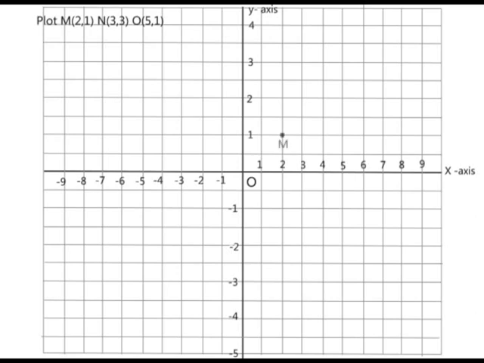So this is the point M. N, we move 3 positive points on the x-axis and again we move 3 points on the y-axis, so this is N. Finally O, 5 points on the x-axis and 1 point above here. Now if you join the 3 points, we have a triangle. We said that the triangle has been represented on the Cartesian plane.